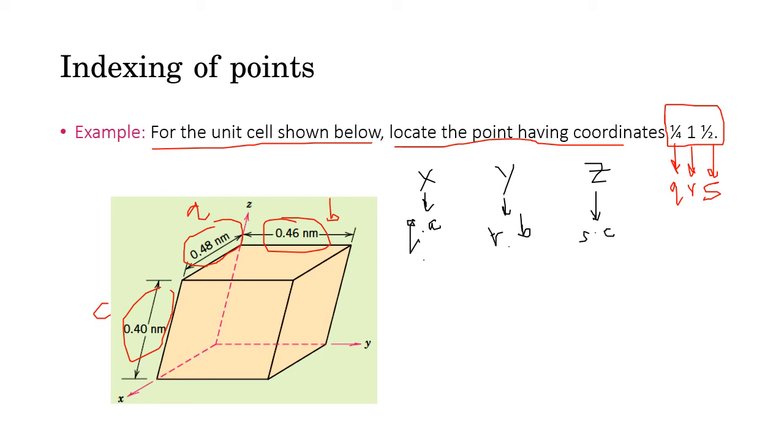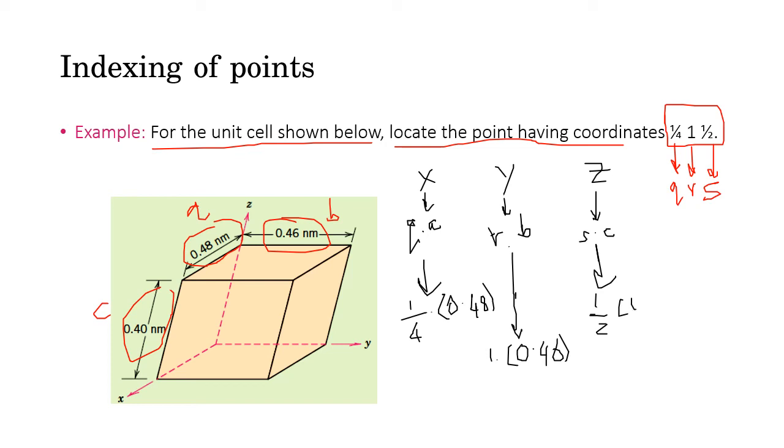So QA is 1/4 of A, which is 0.48. Similarly, along y, fraction R is 1, and B is 0.46. That means we have to travel the entire edge length along y-axis, and along z-axis half of C, so half of 0.4.